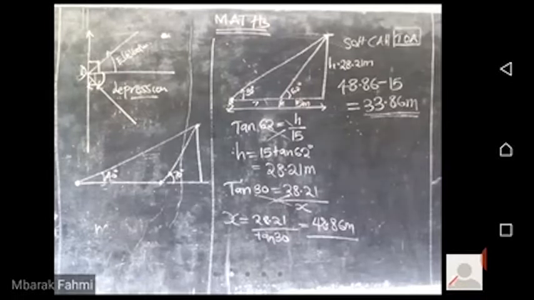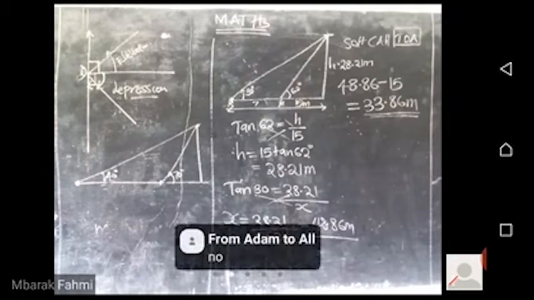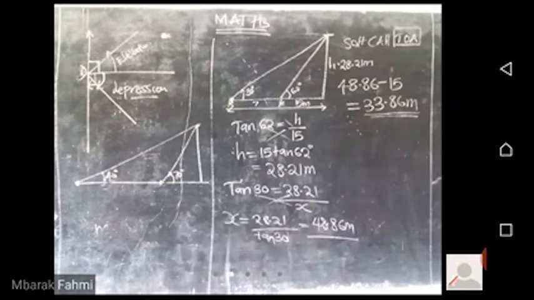And by the way, this question sometimes can even be tested as a 10-mark question. So you have to be very keen with these type of questions. They are really being asked, especially in paper 1, the one we are discussing. You cannot miss a question on angle of elevation and depression.